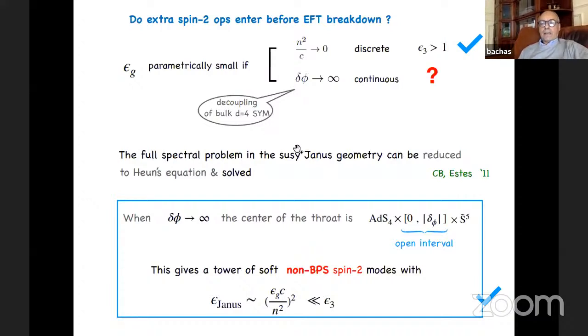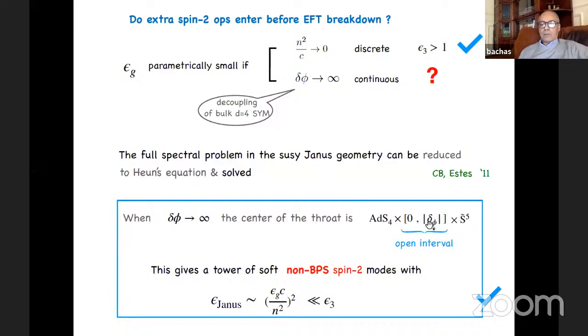Again, fortunately, we know exactly the spectrum in this special Janus geometry. Actually, we had computed it with John Estes for different, well, related reasons 10 years ago. And what happens is that when delta phi goes to infinity, AdS5 is deformed. It's deformed to AdS4 times an open interval of length the variation of phi, times a deformed S5.